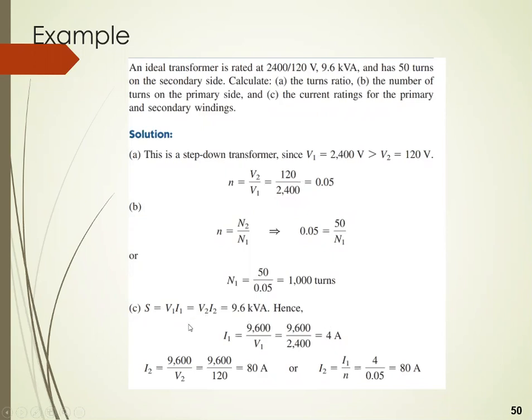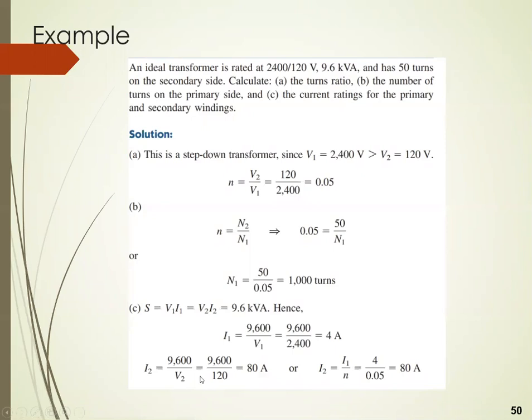In an ideal transformer, the complex power is the product of the voltage and current on the primary, or of the voltage and current on the secondary, and that equals 9.6 kVA. If I solve for I1, since I already know V1 is 2400, the primary voltage, I1 comes out to be 4 amps.